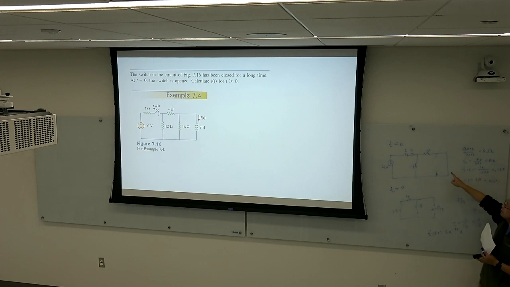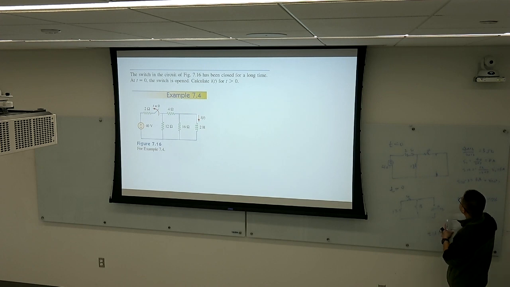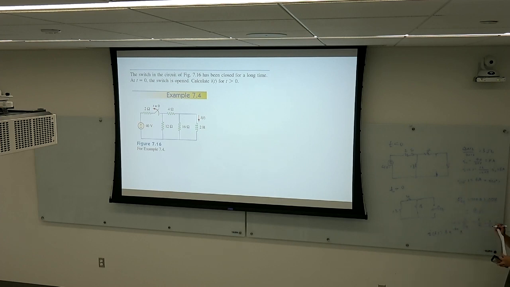This is current division. So this becomes 6 ampere. When t is less than 0, the current flowing through the inductor is 6 ampere. And we know that the inductor current cannot change instantaneously, so we have the initial current for the inductor.